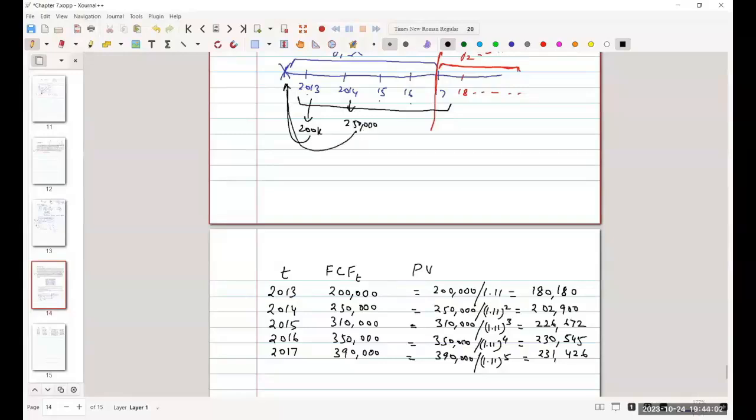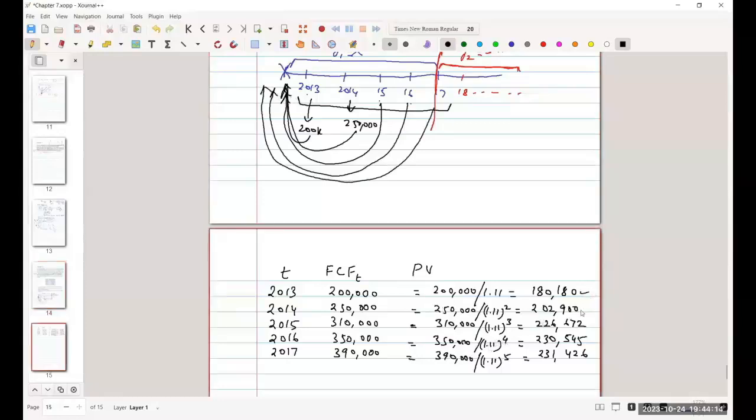We took it back to times 0. The value here also, we took it back to times 0. Value here also taken back. So all of the taken back values are these. And so a sum total of all these is going to give us 1,071,723.